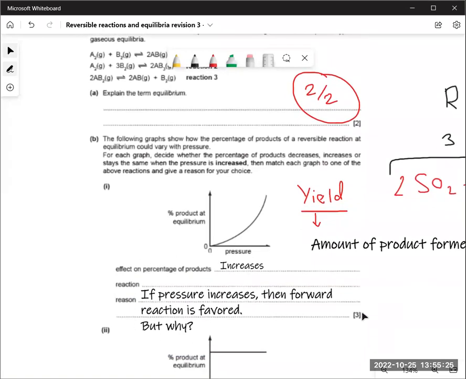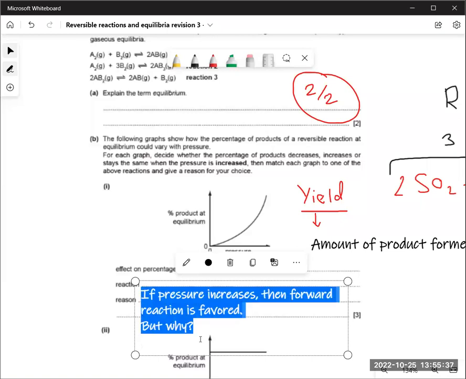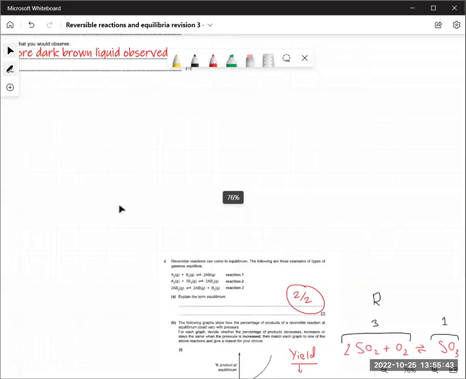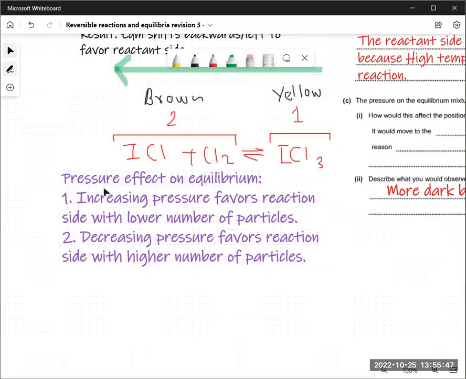What is the rule for yield? Increasing pressure. Tell me. No, not at all, Anas. The rules for the effect of pressure on the yield, on the equilibrium. It's right here on the board. Okay, I have it.